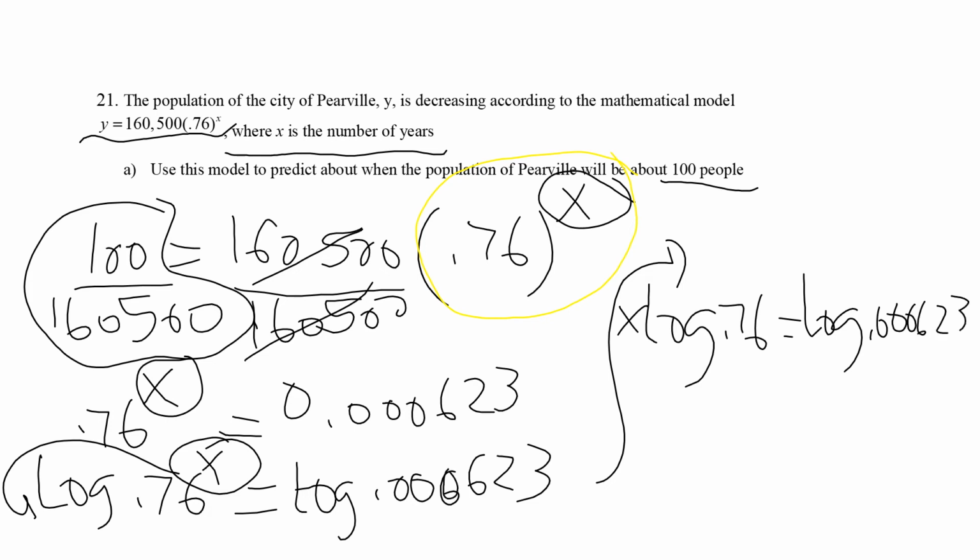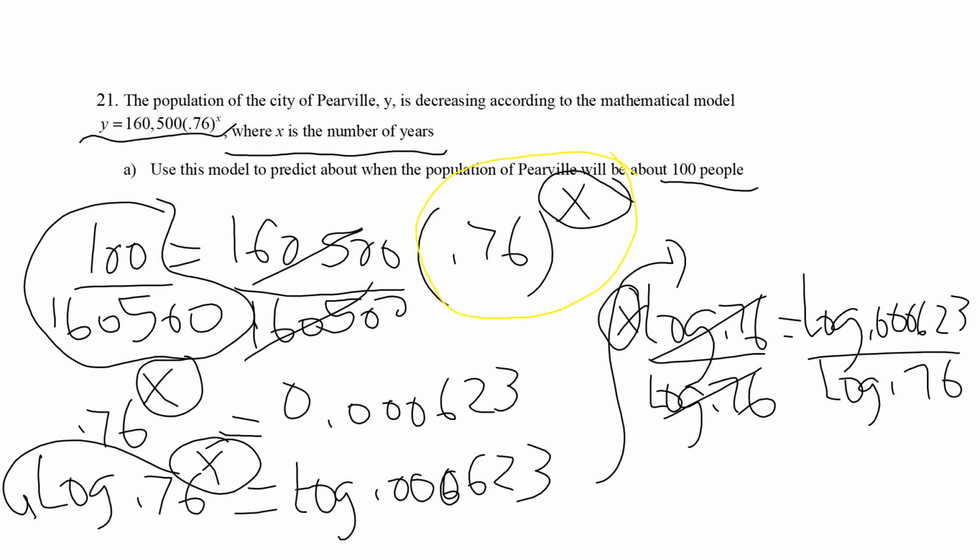And then I'm still isolating the x, so I'm going to divide by log 0.76. So x is going to be this number right here, which you're going to enter in your calculator.